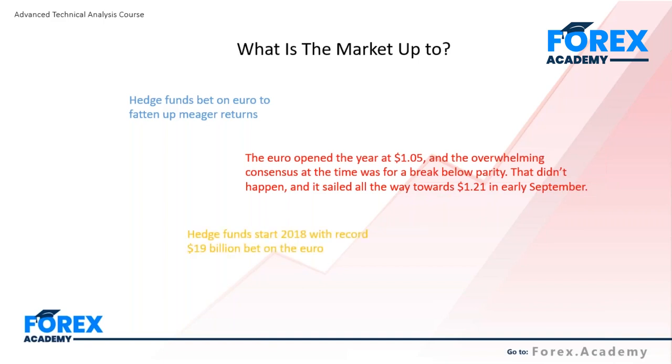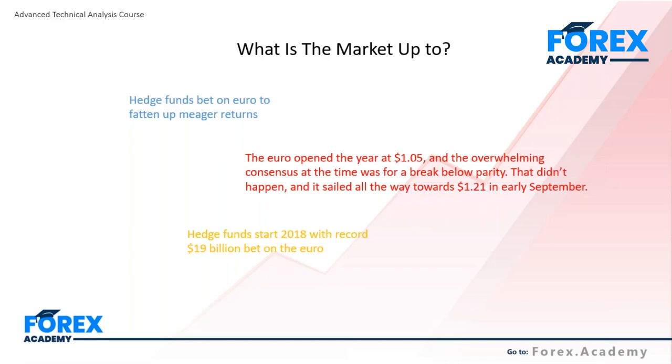This is a recent situation, the reverse of 2017, where at the start of this year, hedge funds began the year with a record $19 billion bet on euro dollar. In other words, the hedge fund community started out 2018 with a view that the euro dollar was going to continue higher.